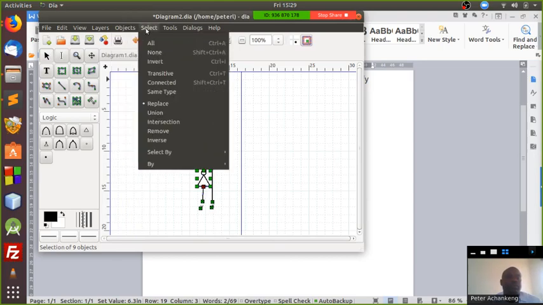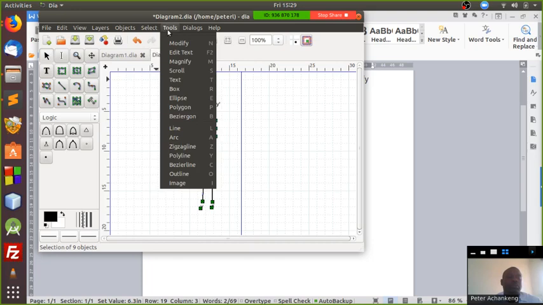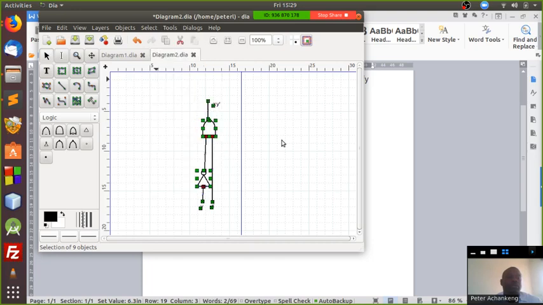I don't know exactly how to rotate it, but it doesn't really matter. The orientation is not very important. But that's what I have, so you should be able to get something like that as well.